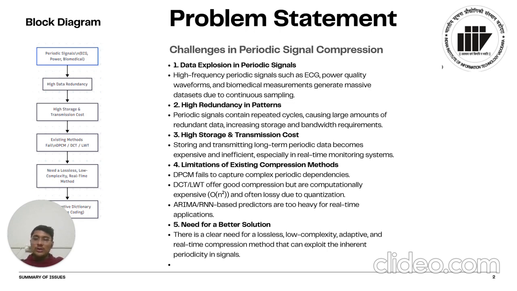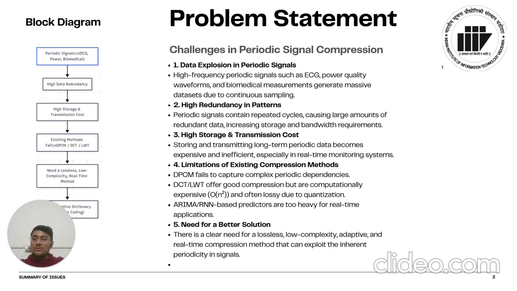So let's quickly look at the limitations of existing compression approaches. One of them is DPCM, which struggles with complex or multi-pattern periodic waveforms. DCT and LWT provide reasonable compression but are often computationally heavy and generally lossy because they require quantization.